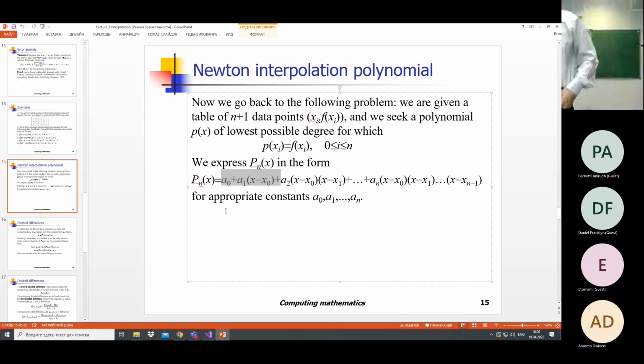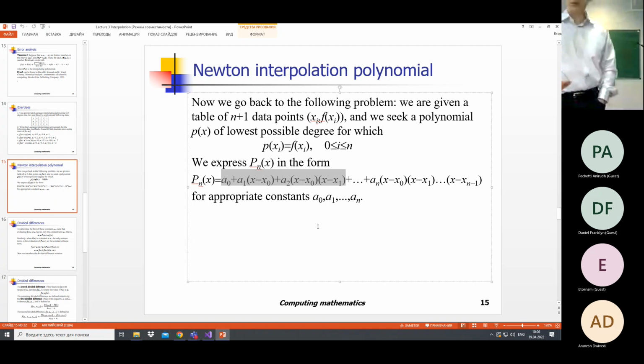If I have 3 points, I can write a polynomial of second degree. These 3 terms correspond to the polynomial of the second degree. And the main question is how to find the coefficients a0, a1, a2, and so on.